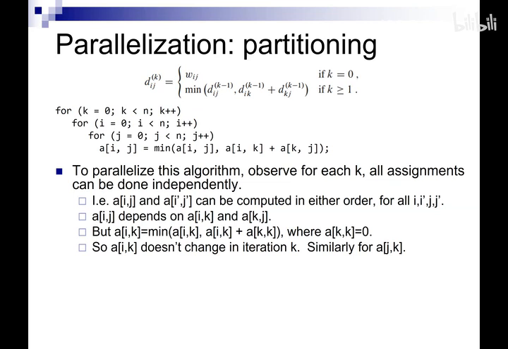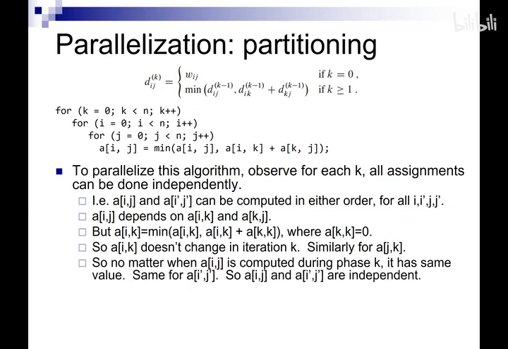Because aik does not change at all in this iteration k, for the outer k, once you fix it, then aik doesn't change and akj doesn't change. Then no matter when you compute this aij, you always get the same value because neither of these two things changes.